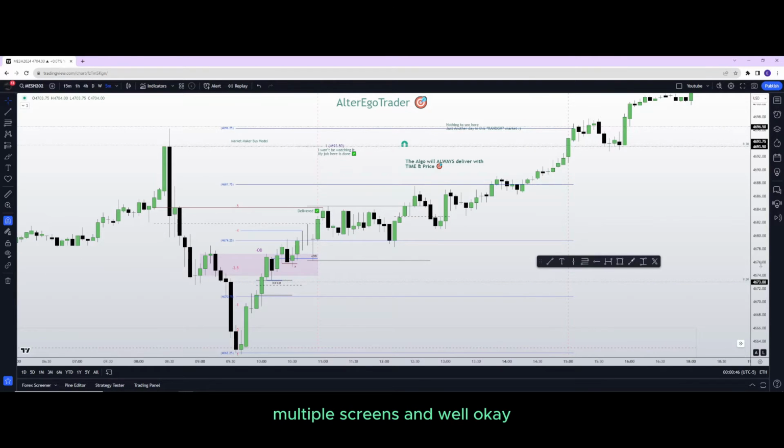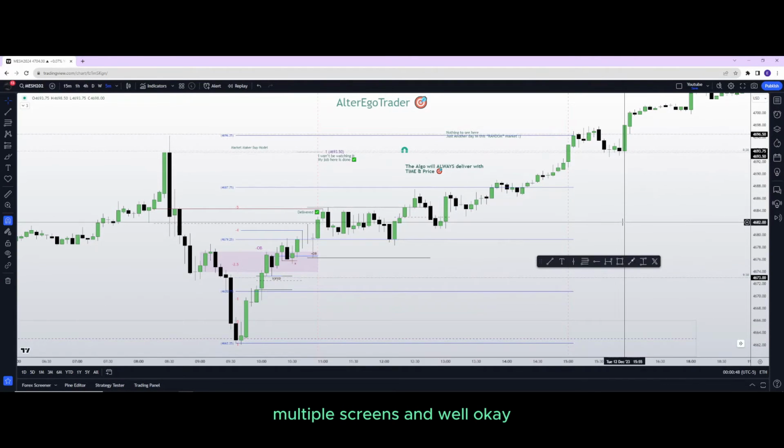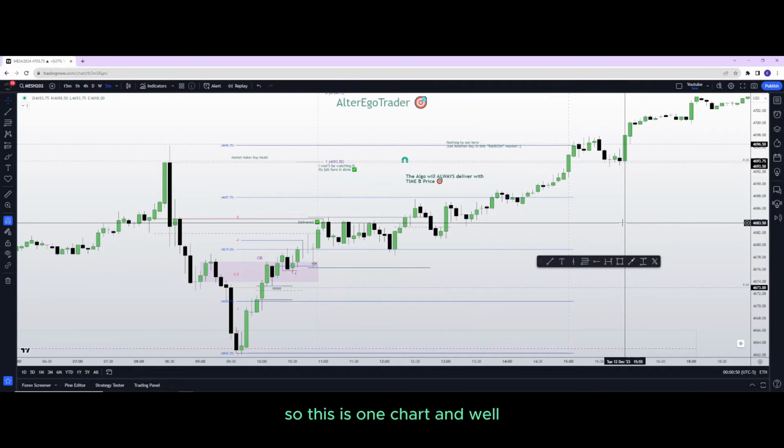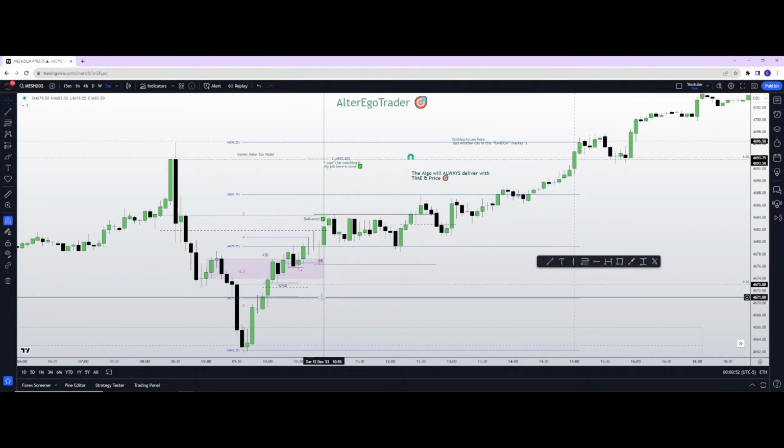I have multiple screens, and this is one chart. There's a matter of entry, a matter of trade management, a matter of risk management and position sizing, and a matter of targeting also, right?